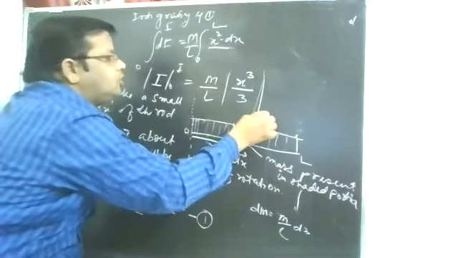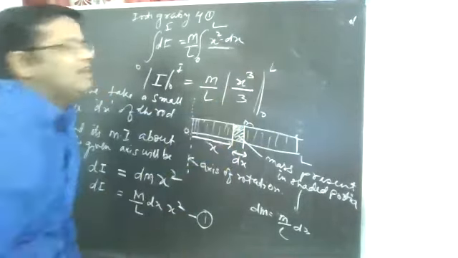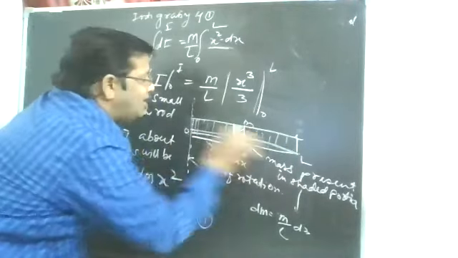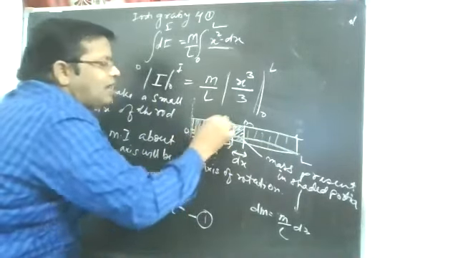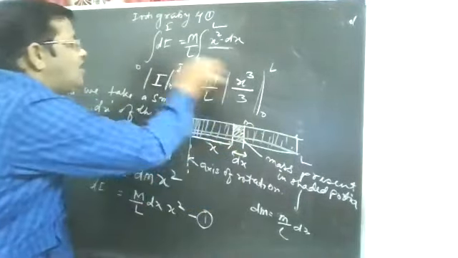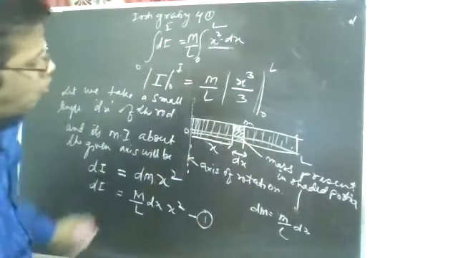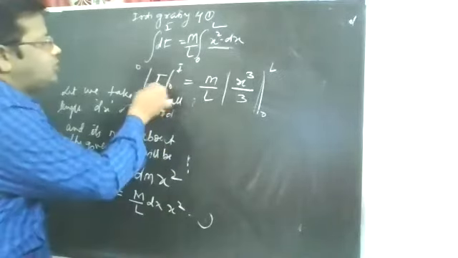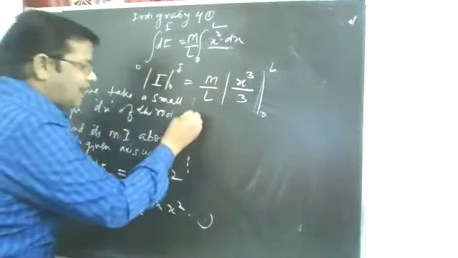The lower limit is 0 and the upper limit is L. We are integrating this equation from 0 to L, covering each and every part of the rod, and so determining the moment of inertia of the whole rod. The integration of the left portion is I minus 0, which is I.